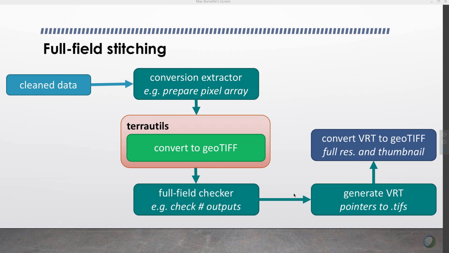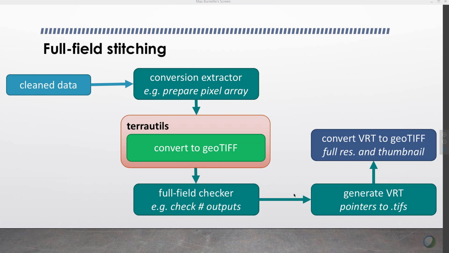For the purposes of Terra utils, that means we get that bin data and convert it into a pixel array of some kind. Maybe that's a temperature array, maybe it's 3-band RGB, but we convert that to a geotiff. And the idea is that our geotiffs, because they're all going through the same module in Terra utils, are of a known quantity. If we write scripts to mosaic the geotiffs together, they ought to work regardless of what sensor we're talking about, because we generate our geotiffs in a uniform manner.